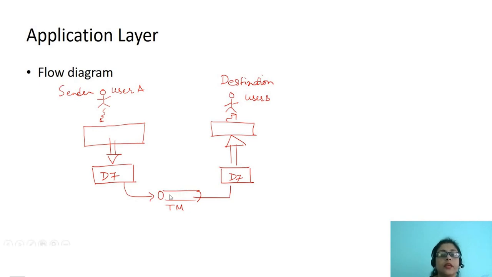So this way we can see that at the application layer, the user is closest to this layer and it can directly interact with the various application layer protocols. For example, it can deal with FTP or HTTP or SMTP, etc.